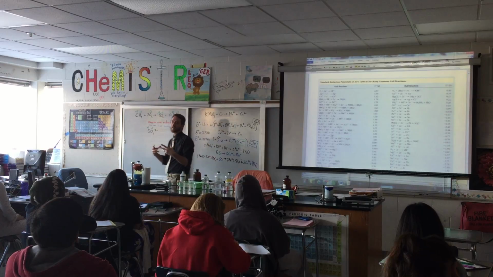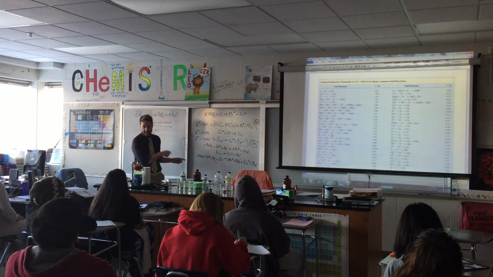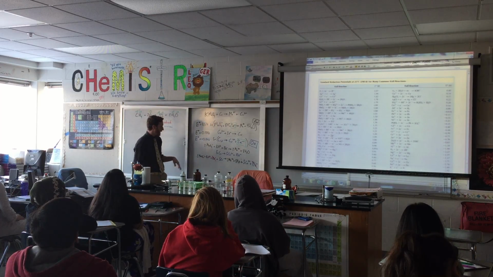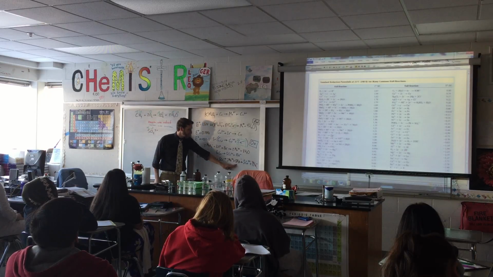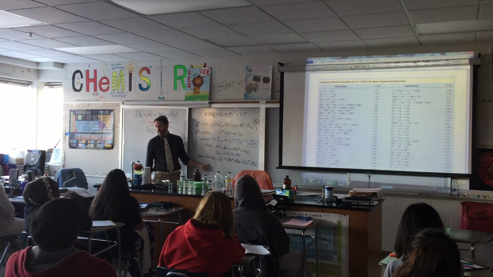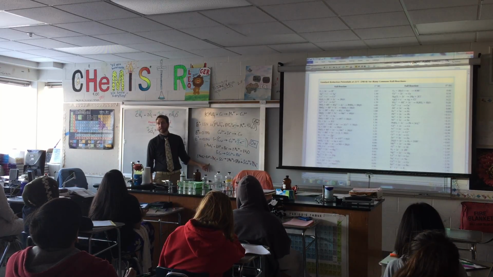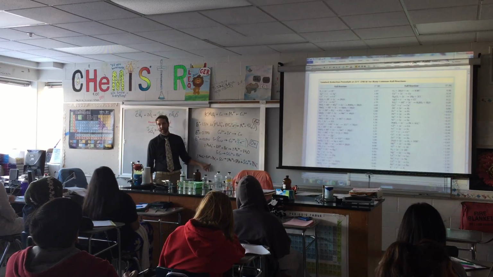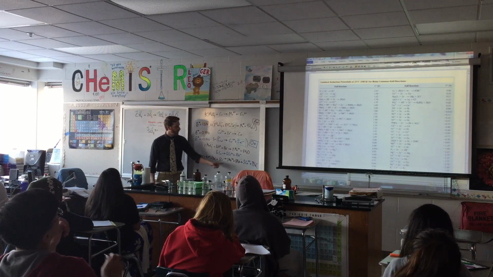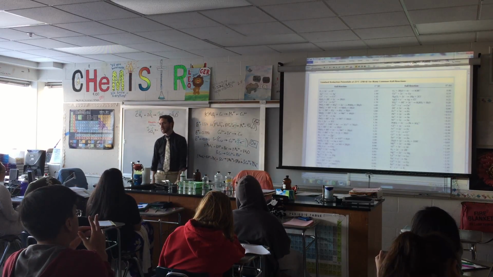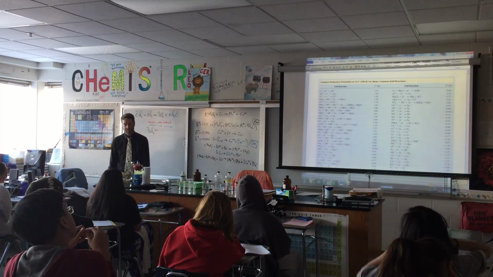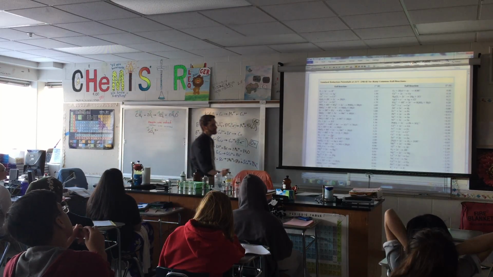So you can cross off some of the species if they're present on both sides. If I have 8 waters on the right side, but I had 4 waters on the left side, then I only really formed 4 waters, right? Because I had 4 to begin with. So you might cross off the 4 on this side and change this 8 down to a 4.